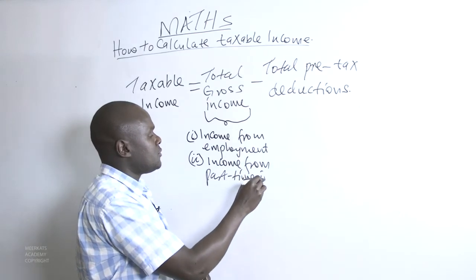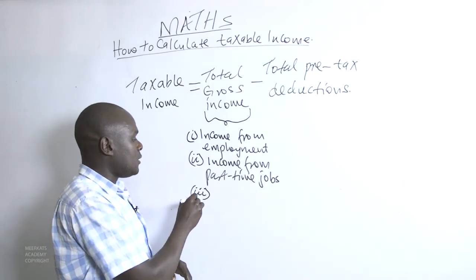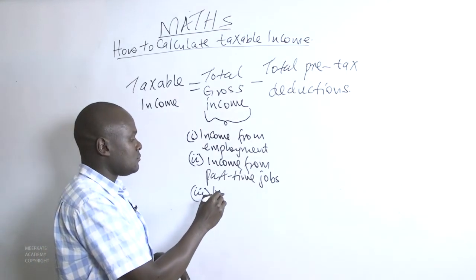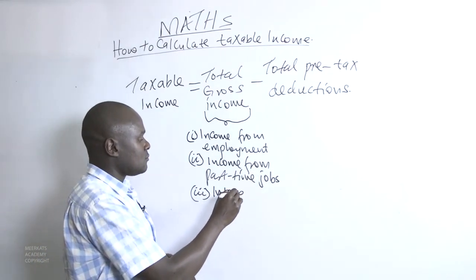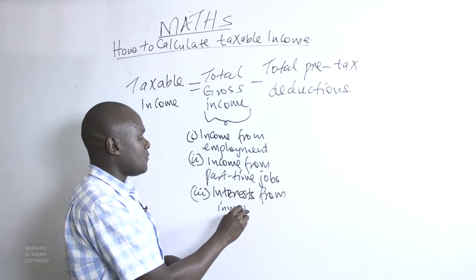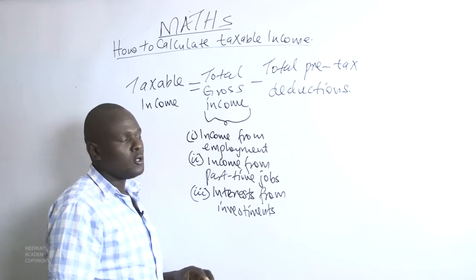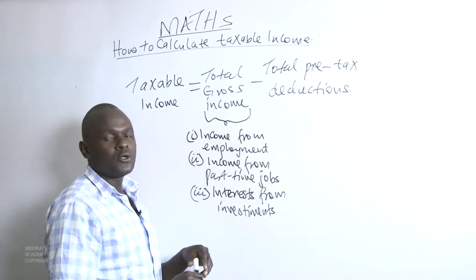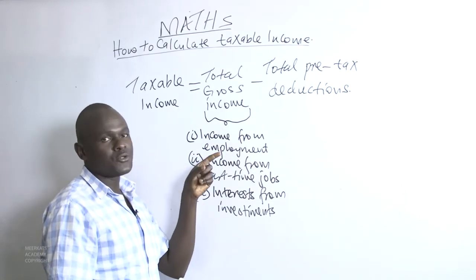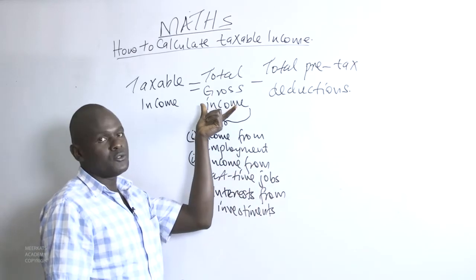We can also have income from interest from investments. All this will contribute to our total gross income. We are not just talking about gross income, but total gross income, because all these components will contribute to that.